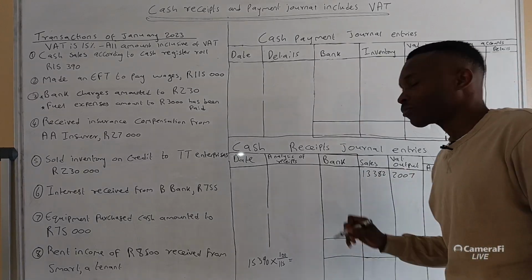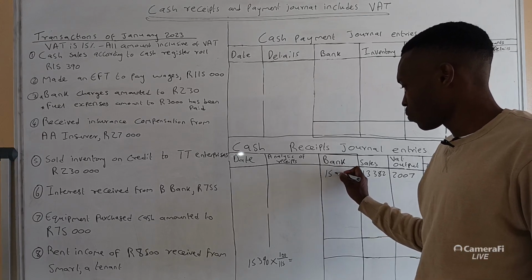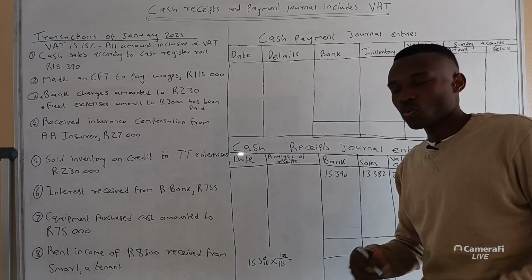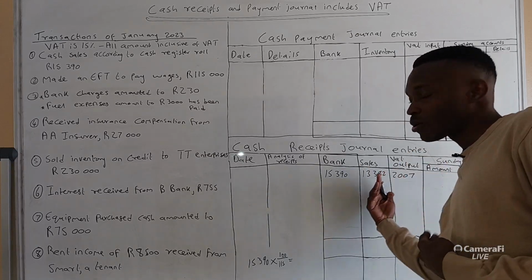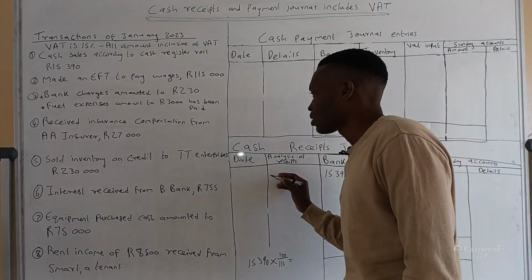All right, under bank now we have to put the total. Of course we were supposed to start here, but I wanted to show you how you should separate the amount without VAT and the VAT amount. Okay, analysis of receipts.